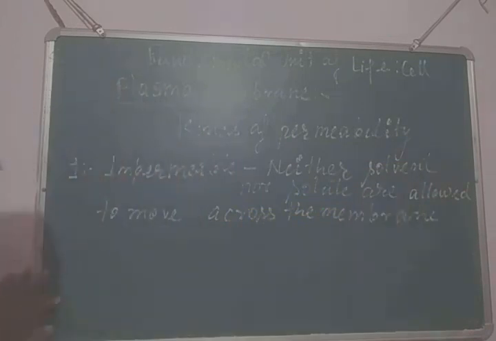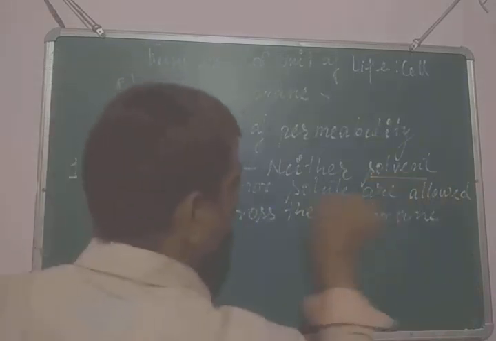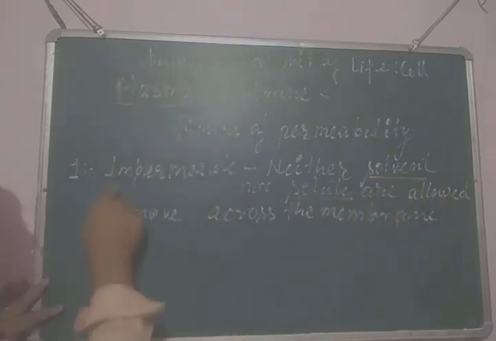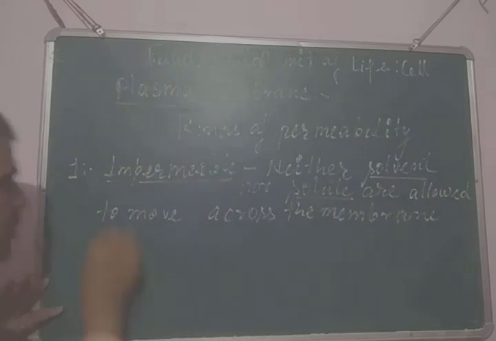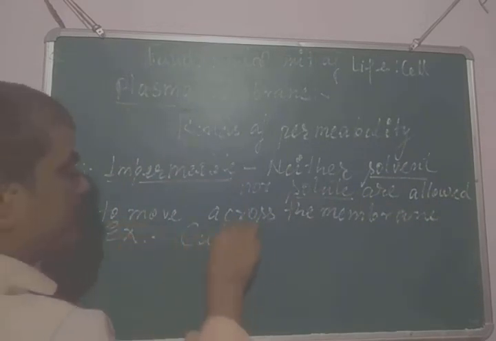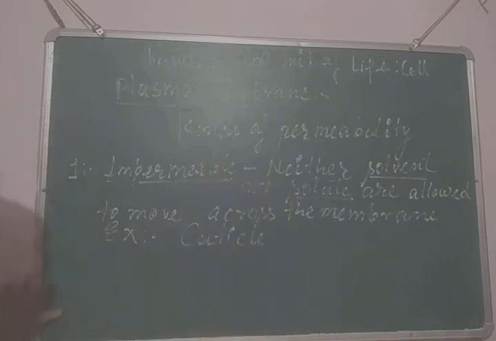A membrane that has this property, that does not allow either solvent or solute to move across it, is called impermeable. You can take the example of the cuticle, which is found outermost in plants.